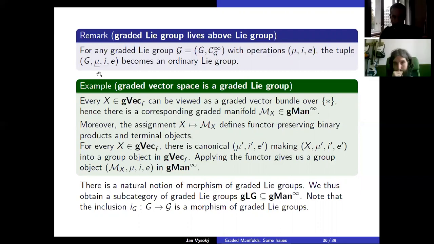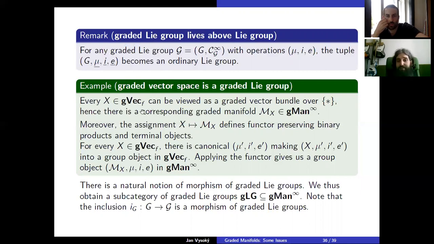So every graded Lie group lives over an ordinary Lie group. And there is a simple example: every graded vector space can be viewed as a graded Lie group. Every finite dimensional vector space, to be precise.